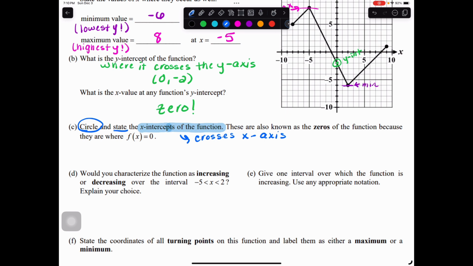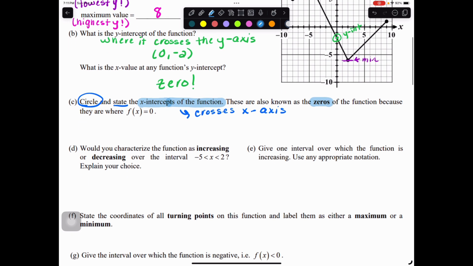These are also known as zeros of the function because they are where f of x, or the function, is equal to 0. There's a difference between x-intercepts, which are points on the graph, and zeros, which are just the x values. So we're going to state the difference of these below.